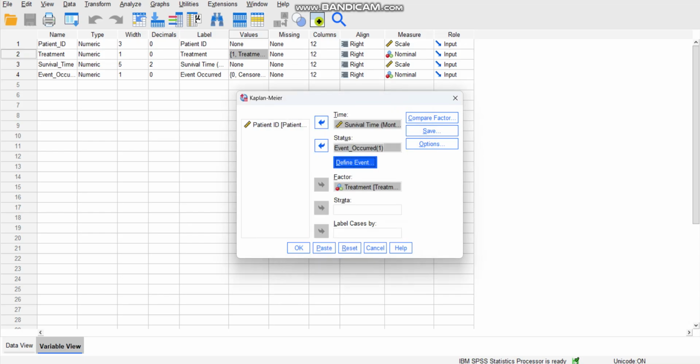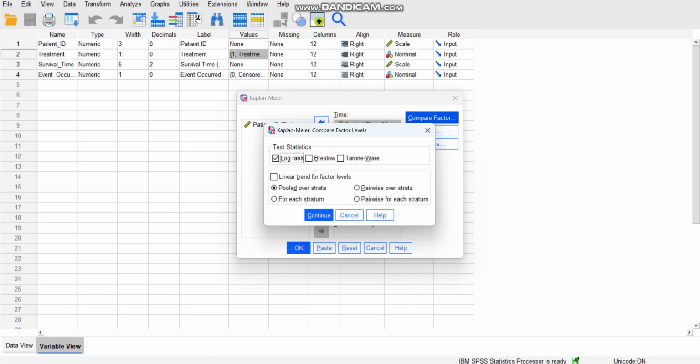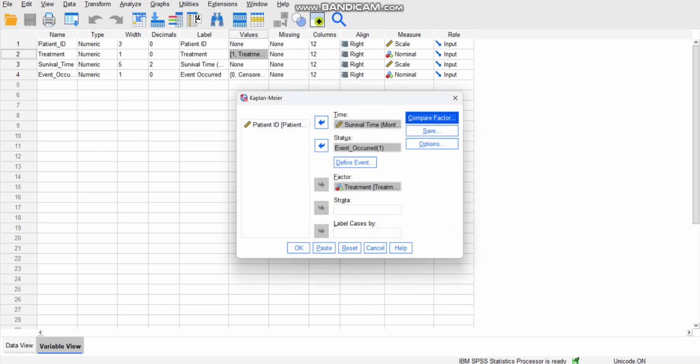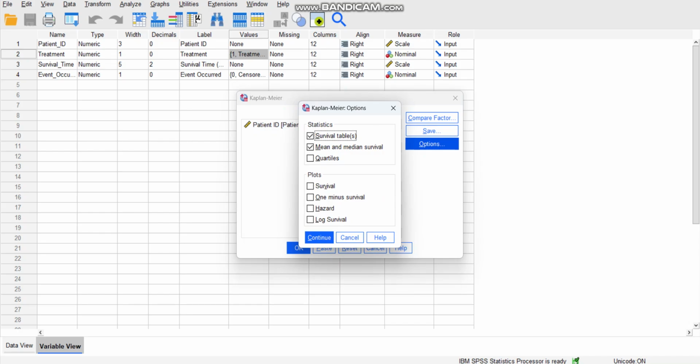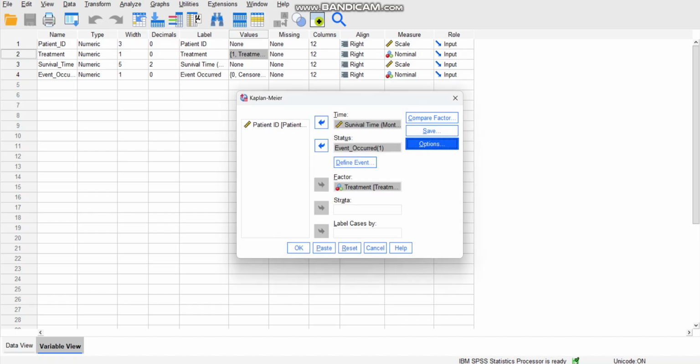Continue. Now, for the compare factor, I will choose the log rank test. In the options, I will choose in the plots the survival plot. Continue. Okay.